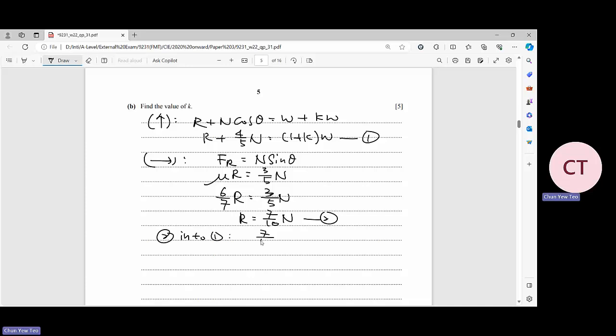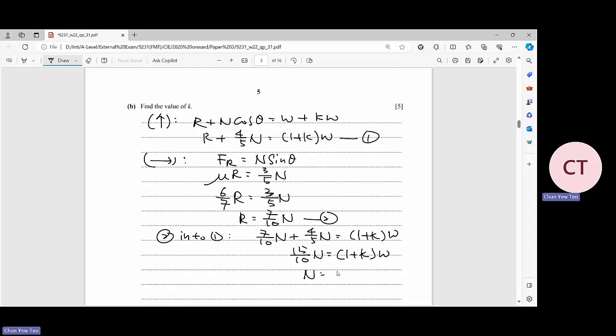Then you will get 7/10 N plus 4/5 N is equal to (1 plus K)W. Okay, so simplify it. You get 15/10 N equals (1 plus K)W.